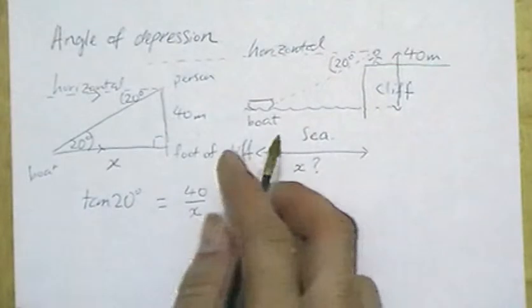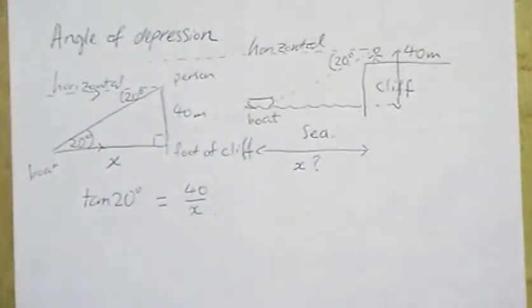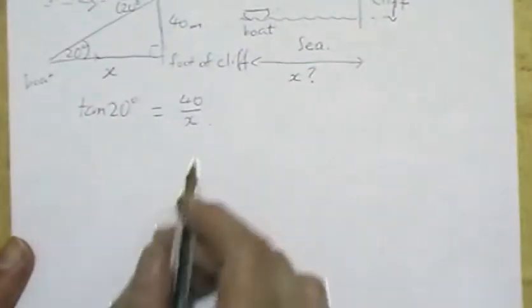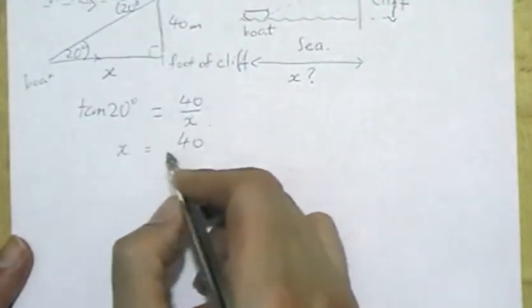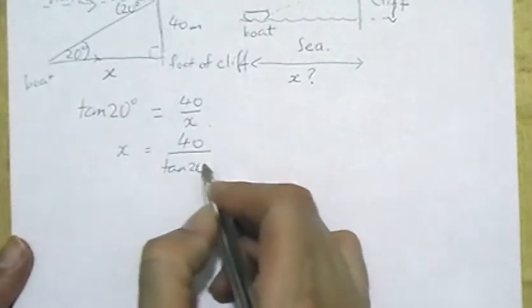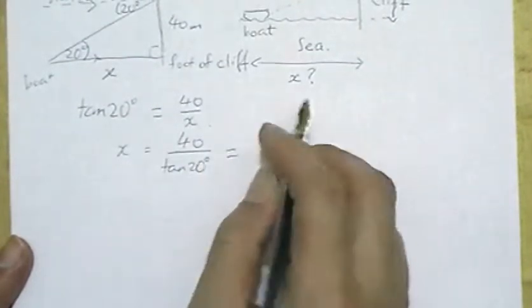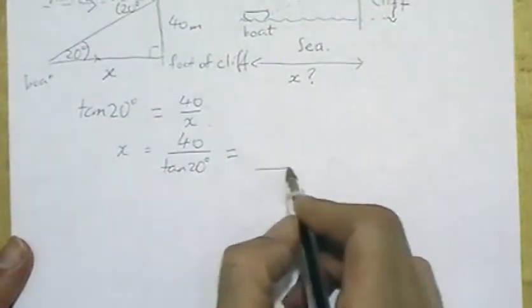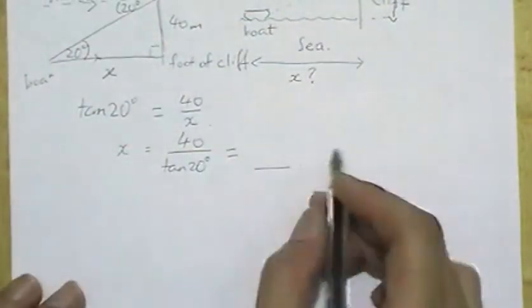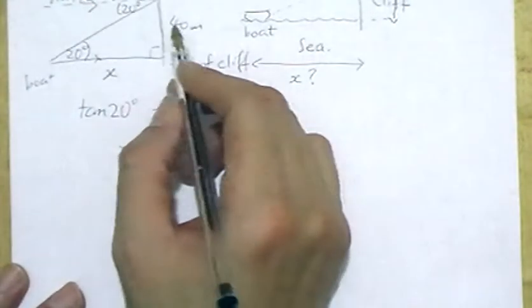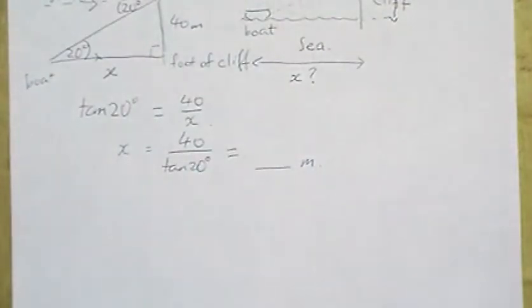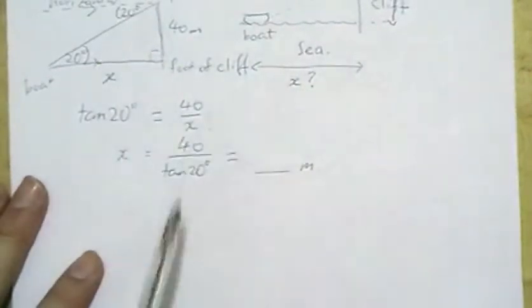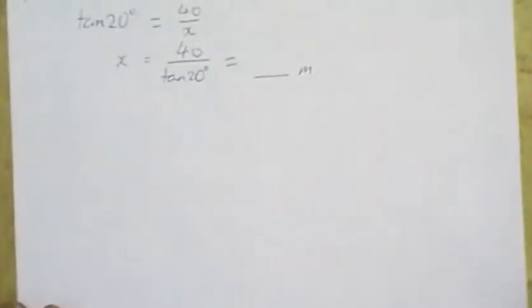And that gives us an equation that we can use. So if you rearrange that, we can make x the subject. Okay, and if we use our calculator, we can find an answer. And that would be, because 40 is in meters, so this would be in meters. So that's what angle of depression is about, and we can use trigonometry to work out problems like that.